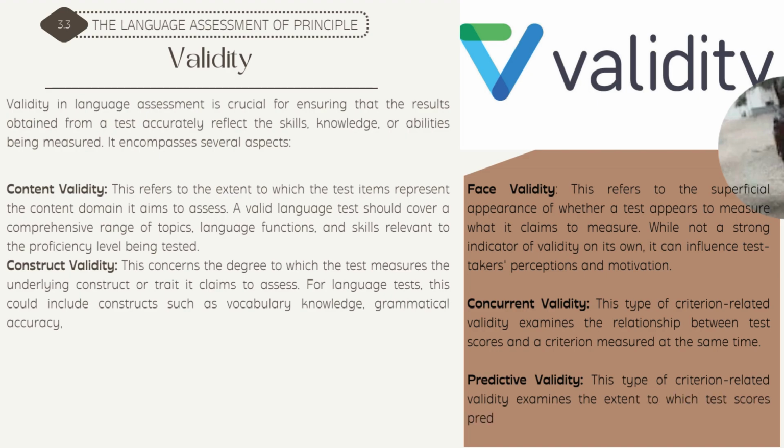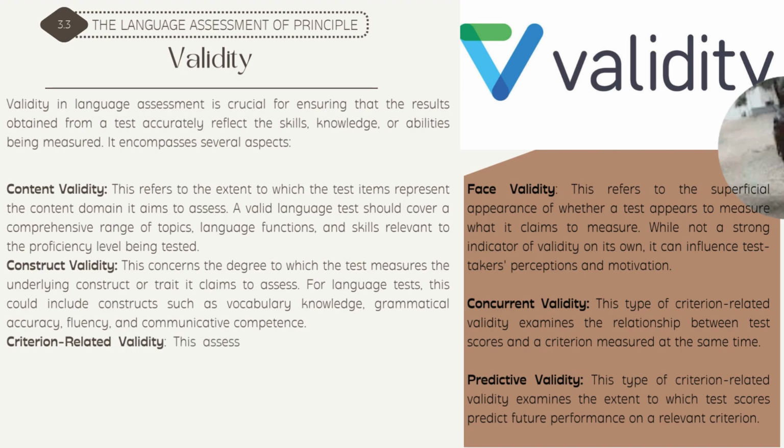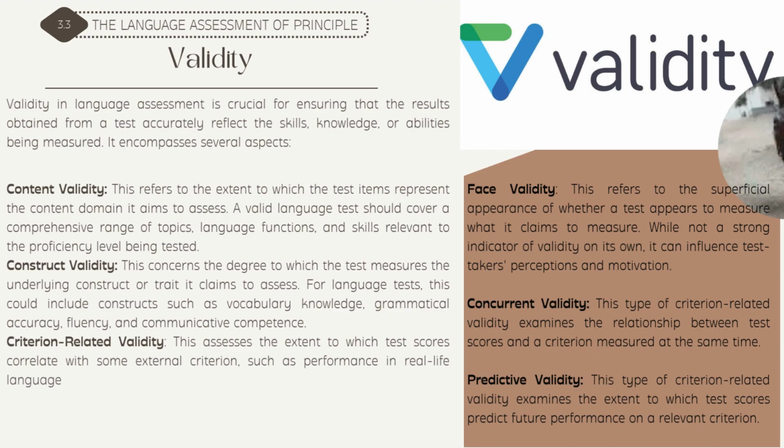Criterion-related validity answers the extent to which the score correlates with some external criteria, such as performance in real-life language use or another established measure of language proficiency. For example, an English proficiency test should correlate with actual ability to communicate effectively in English.